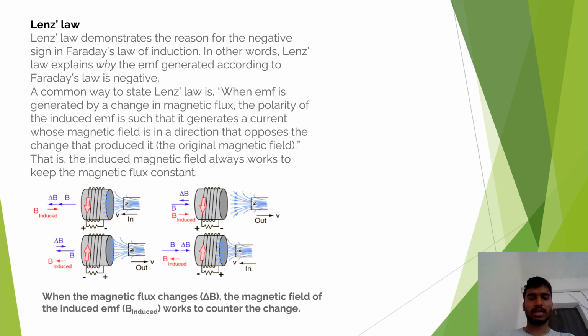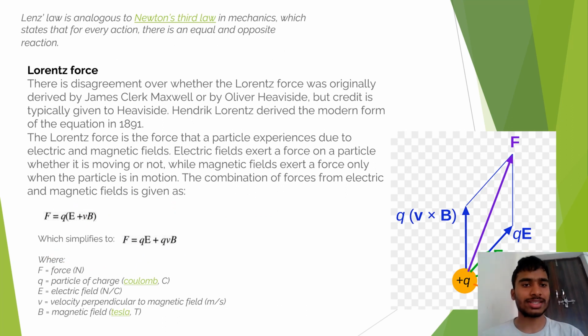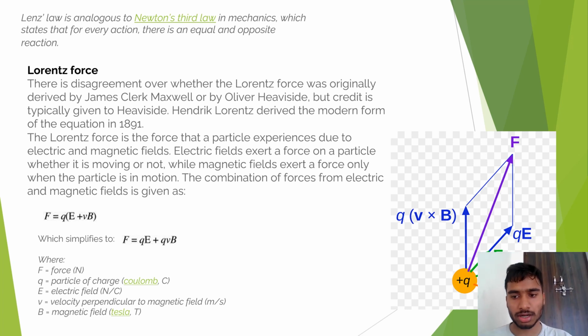That's why Lenz's law is famous. Lenz's law is analogous to Newton's third law in mechanics, which states that for every action there is an equal and opposite reaction. So it is kind of similar to Newton's third law: if you try to change something, it doesn't want to change.